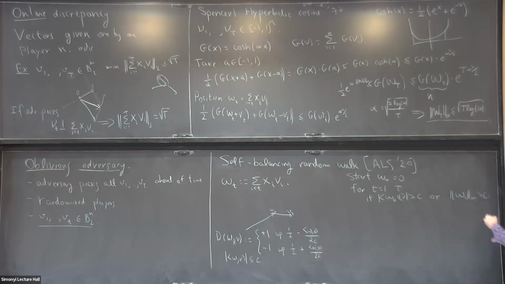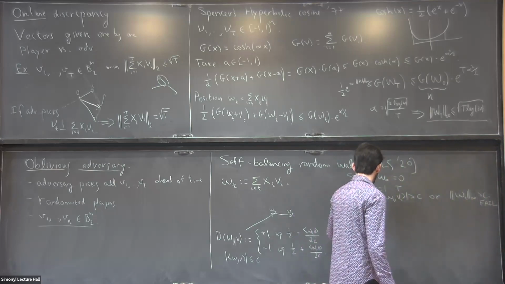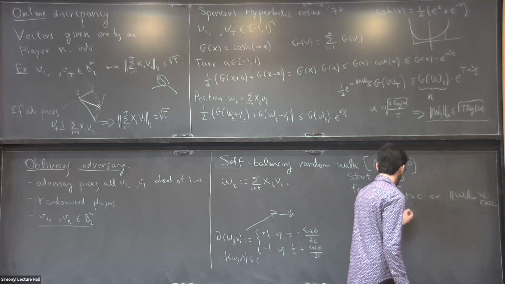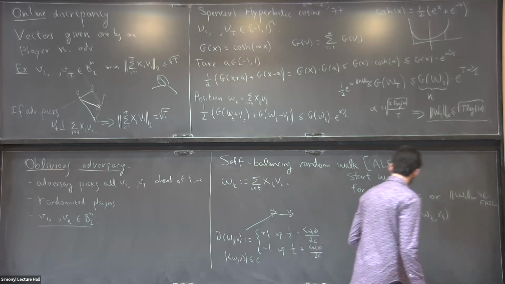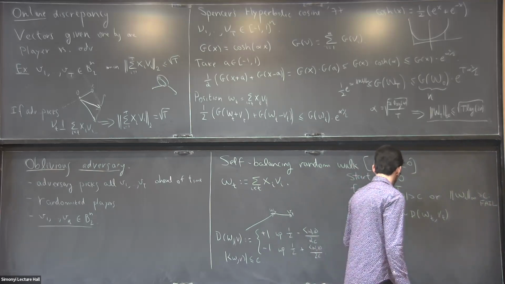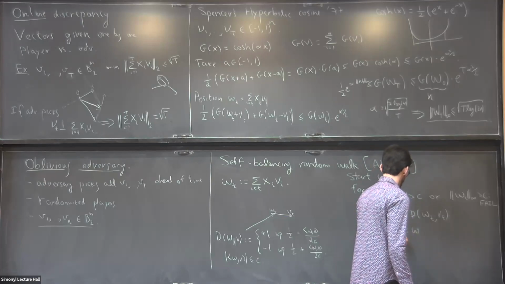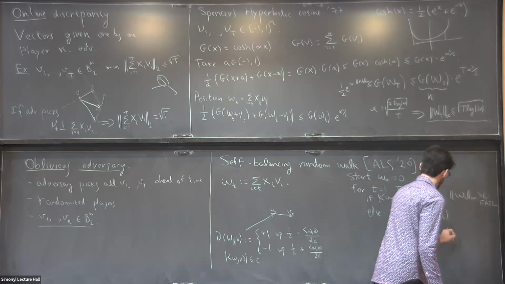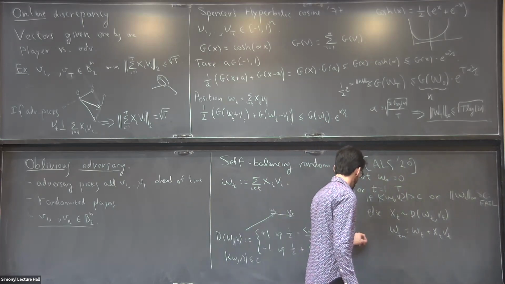If any of these things happen, we just fail. Otherwise, we sample a sign from this distribution, and we update. The next step will be the previous one plus the choice. And we output the last one.